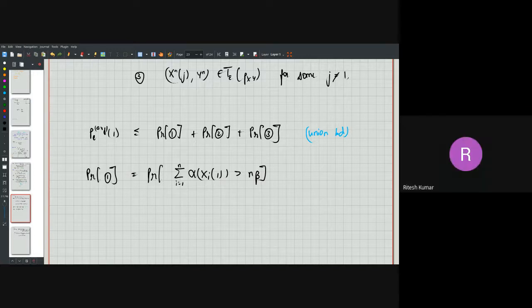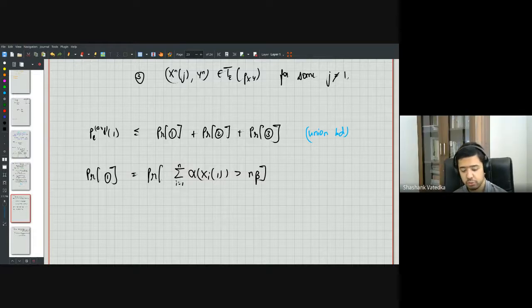Sir, according to PX, can we use Chernoff bound? Exactly, so you can use the Chernoff bound. How would you use it? Let's call alpha of xi of 1 chi i. So what is the expected value of chi i?